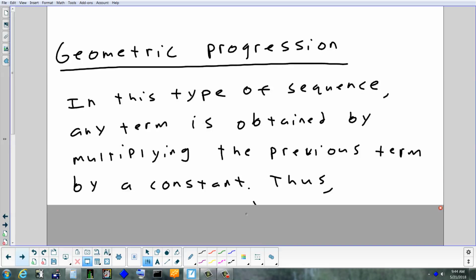So geometric is to get the next term, you multiply the previous term by a constant. So instead of adding to the previous term, you're just going to multiply the previous term.